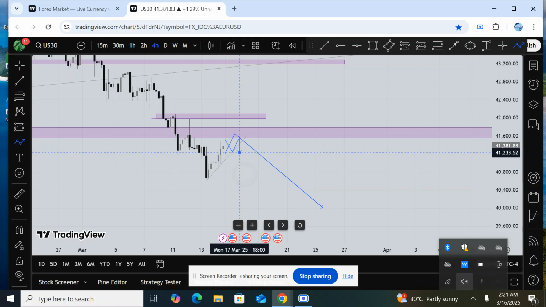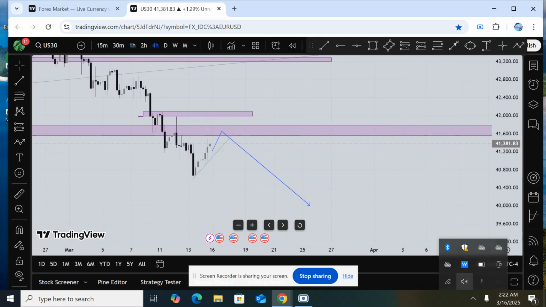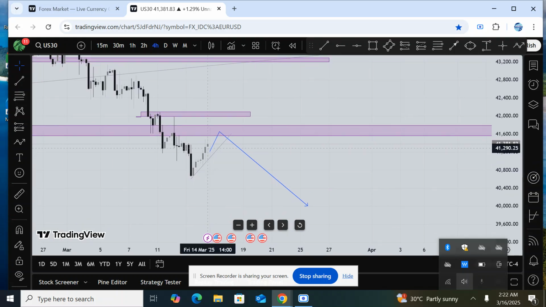We're going in for a sell to the downside. But I'm not really comfortable with what US 30 is doing here because of this zone, because of this level right about here. But that might not happen, and you might just see US 30 fire all the way down.